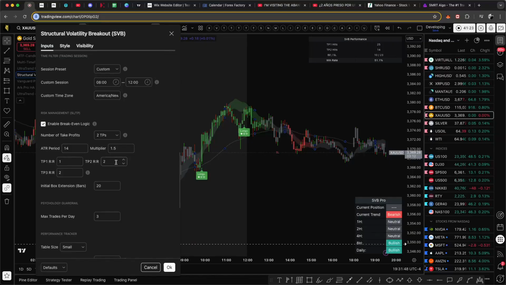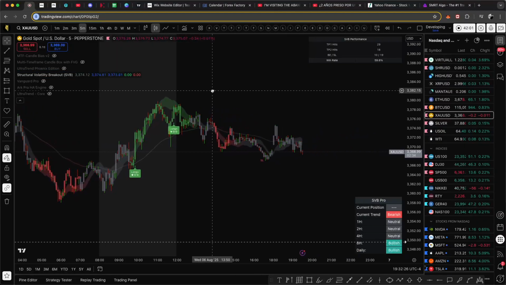Currently using that 2, but I'm going to bring it back down to the 1.5. I want to use the realistic. If you want to, test out different targets. Remember, currently I'm just using 2 take profits, not 3, so I don't need to move this one because it's not going to do anything. I'm only using TP1, TP2, that's why I'm only moving this 2. And multiplier, it's fine. I think I can leave it at 1.5 or stretch it to 1 to 2 anyways.